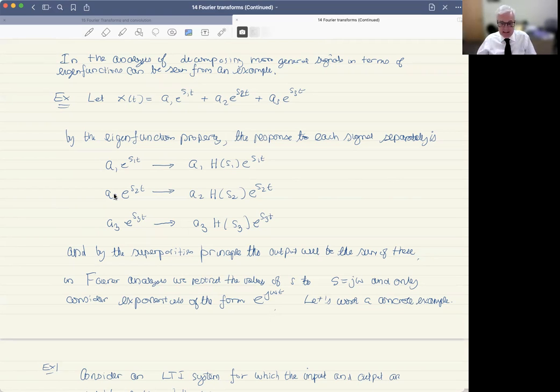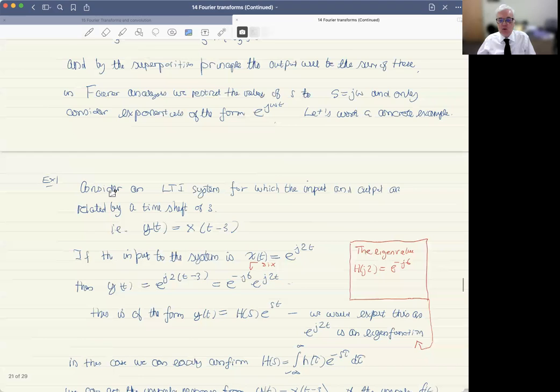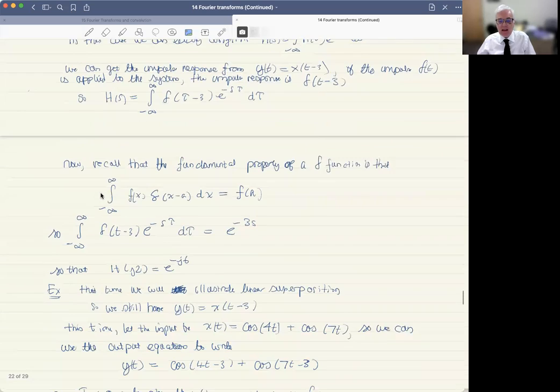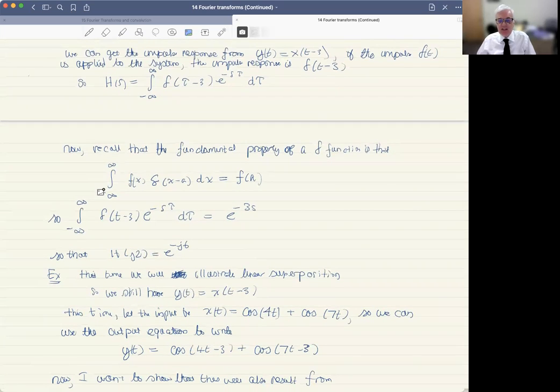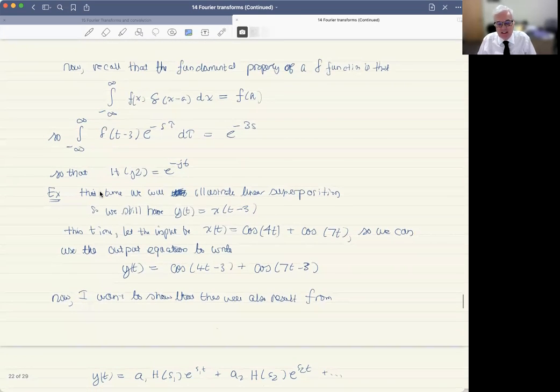And then I go on and work a specific example of a time-shifted signal. All the details are here. I didn't omit any steps. And we had to recall a fundamental property of the delta function to actually evaluate that integral, but I've reminded you of what that is. And so we're able to calculate our H function.